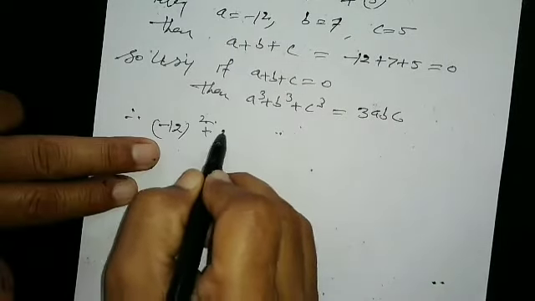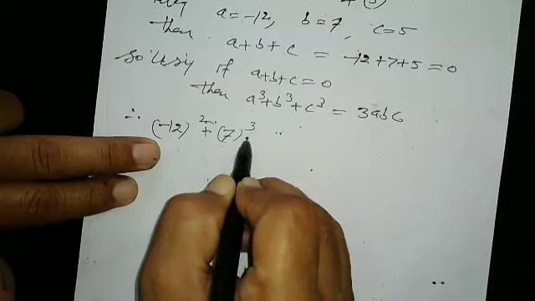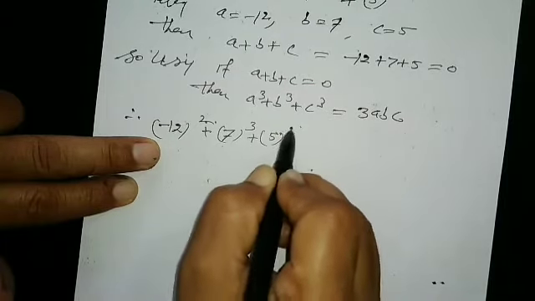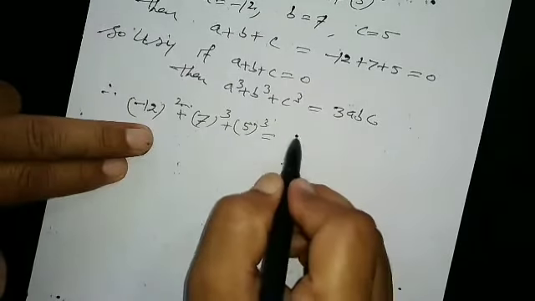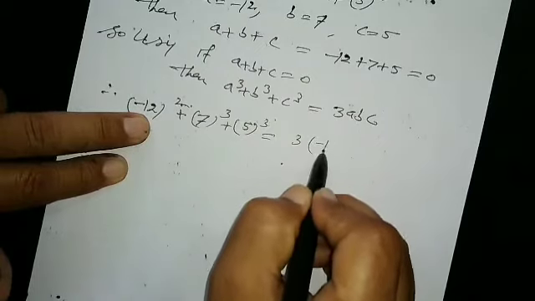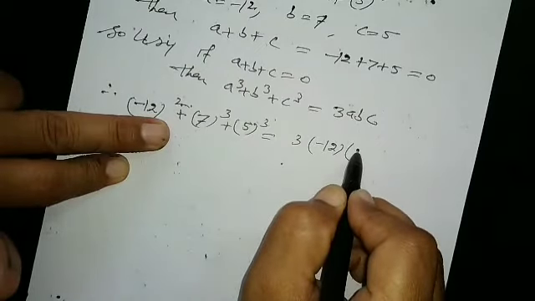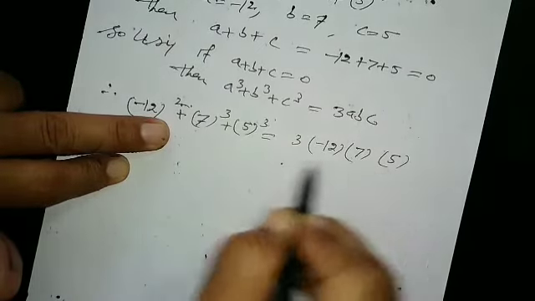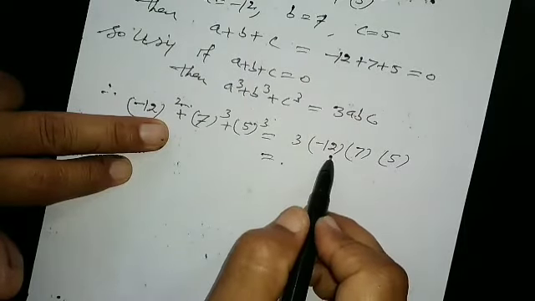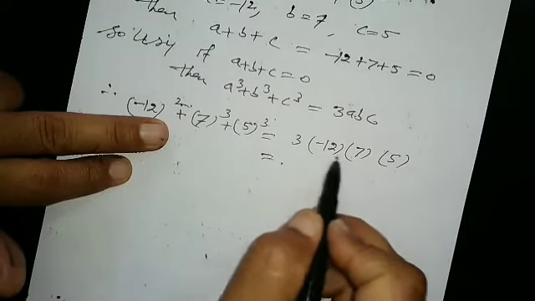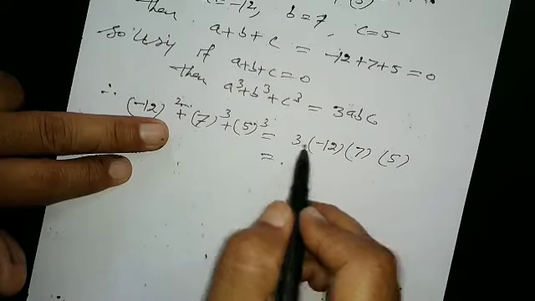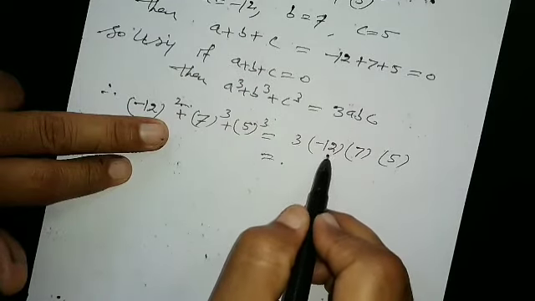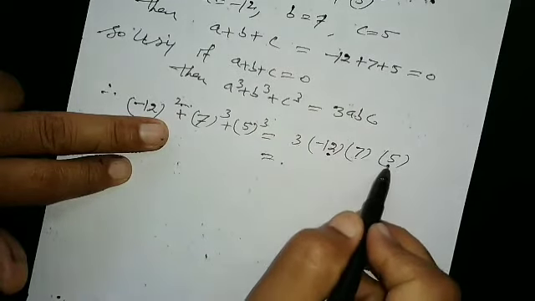So what will be the value of this number? It is 3 into first into second into third. So multiply this. This is 36, this is 35.